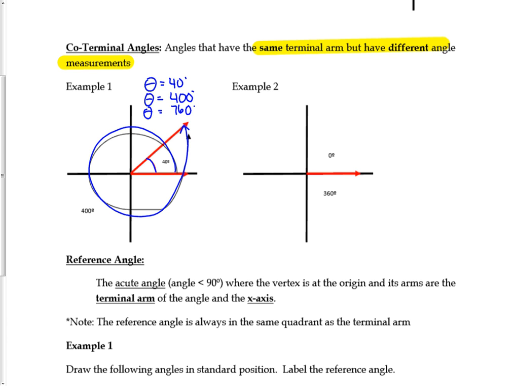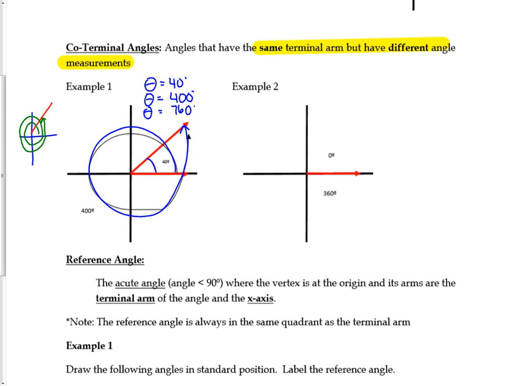So we keep rotating around, an extra rotation and an extra rotation. So 760 would be if this is my terminal arm here, and I went once, so there's 360, twice, there's 720, and then plus the 40 more. That would have the same terminal arm, it's a different angle, but same terminal arm, okay?